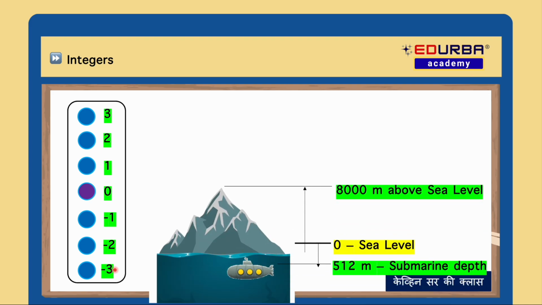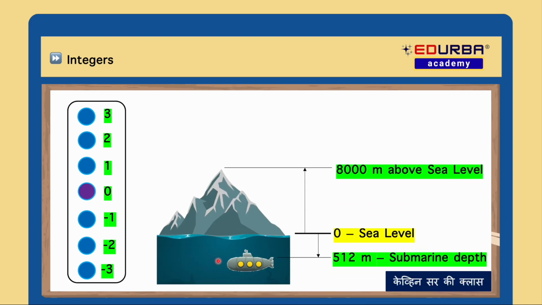Now let's understand another example. So what do you see in this picture? We have mountain, sea and a submarine inside the sea. How can we measure the height of the mountain, depth of the sea, or where is the submarine located in the sea? We measure it from the reference of sea level. So sea level is marked as 0. Now we can say that mountain top is 8,000 meters above the sea level or 0 level, and we can show that as plus 8,000 meters.